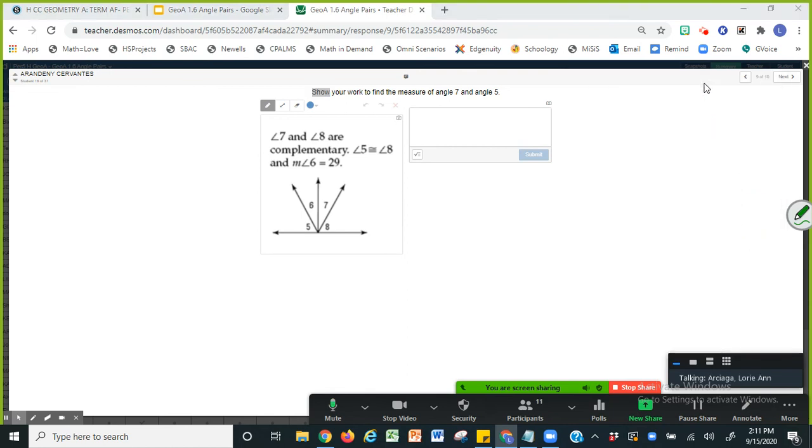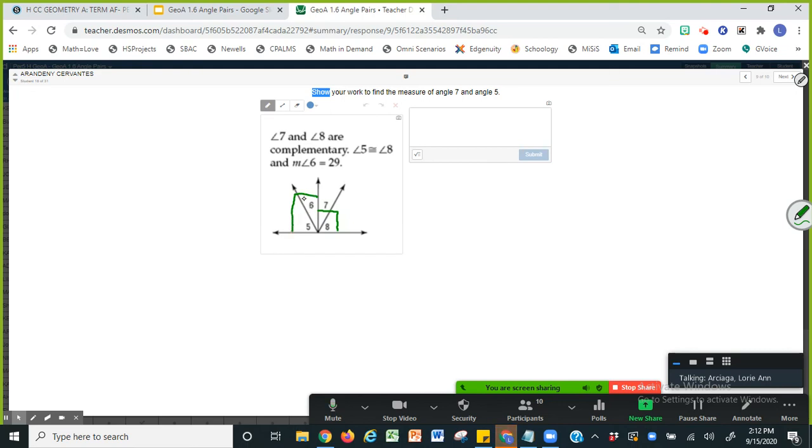Right. For 9, these two, Aaron, Denny, they add up to 90 degrees, right? So that means this is a right angle. And if they form a right angle, these two are also right, so they add up to another 90.